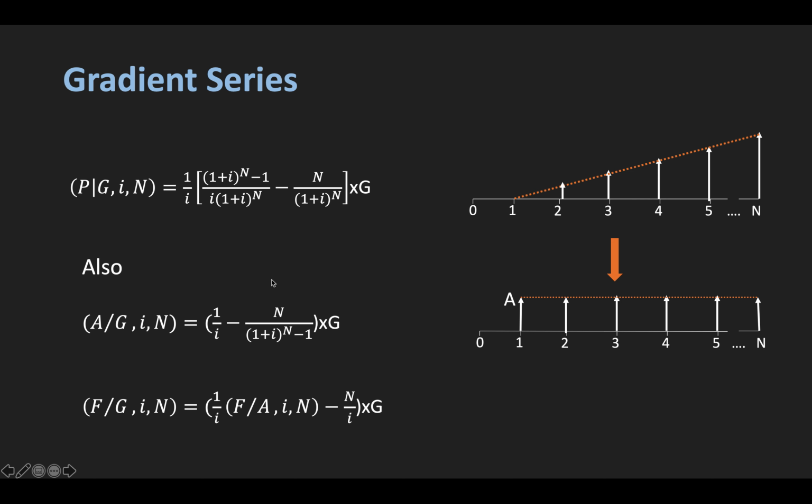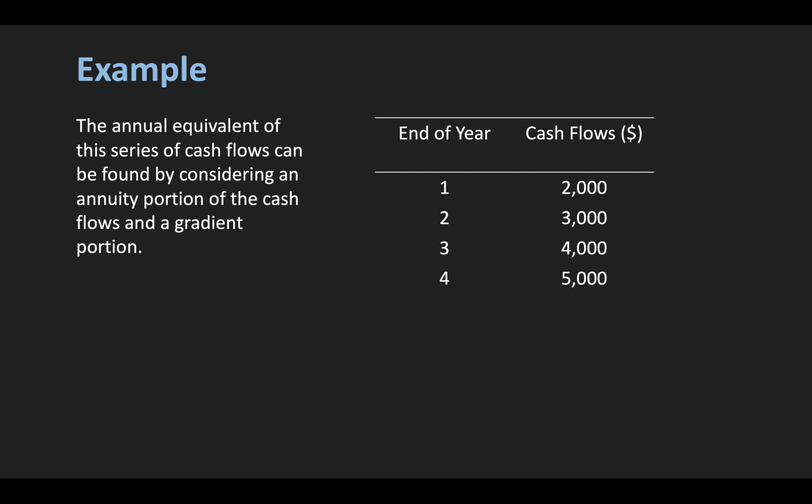And then we can also do the conversion to convert G to uniform cash flow. We use this function to convert G to A, right? Same thing, we can use G with all this information to calculate F, the future value. So that's how we do it.